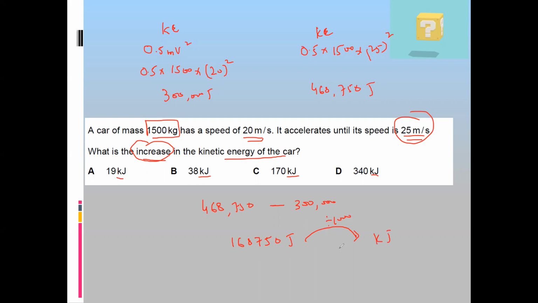It will be 168 kilojoule. And 168 kilojoule, what is the nearest to 168? So that is C. So C will be the right answer. Is the discussion clear? Because they're asking the increase in the kinetic energy or the change in kinetic energy or the difference in the kinetic energy.